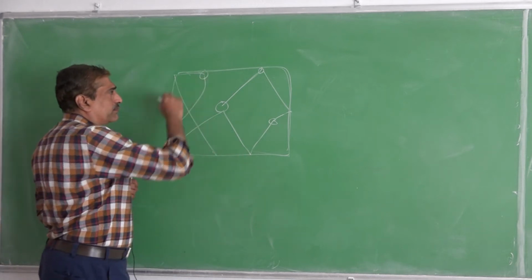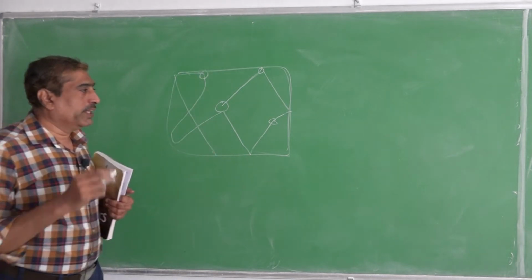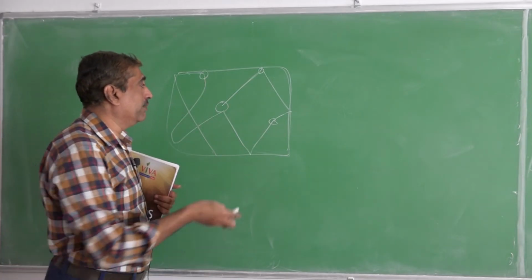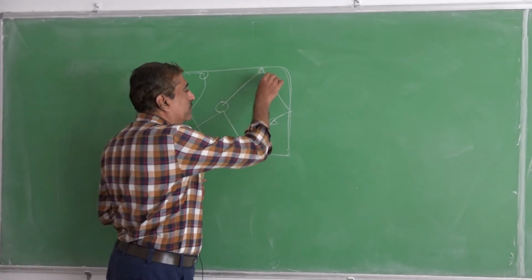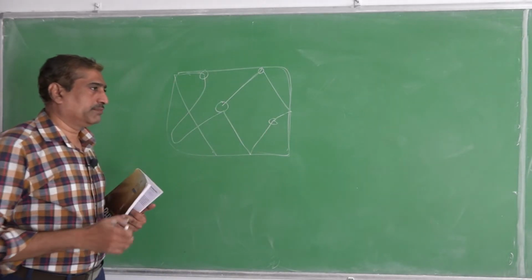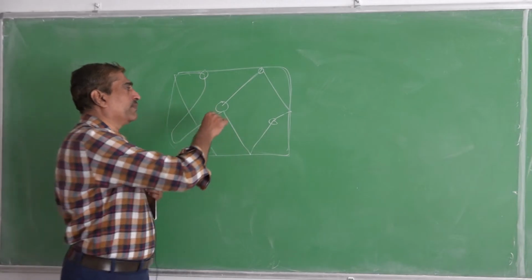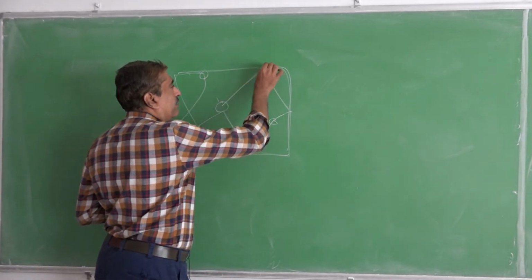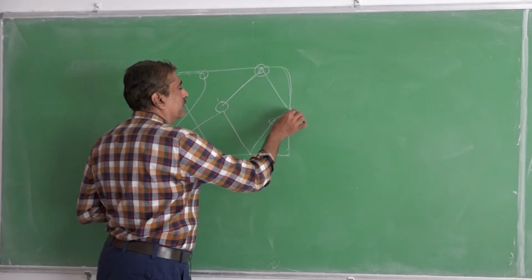The mean free path is the average distance travelled by a gas molecule between two successive collisions. Suppose a molecule starting from here undergoes a collision here and another collision here.